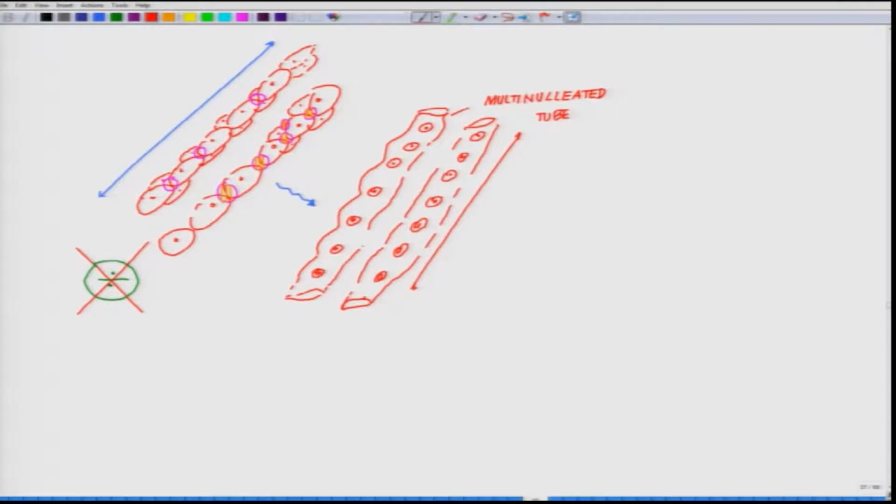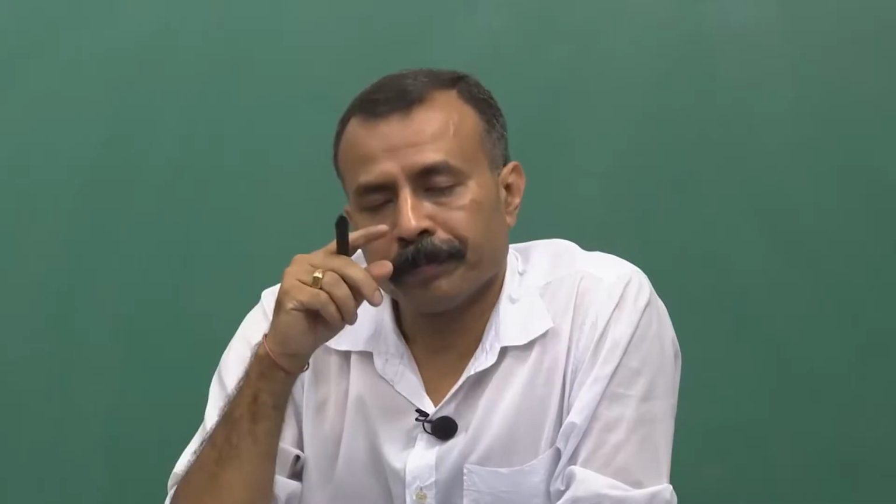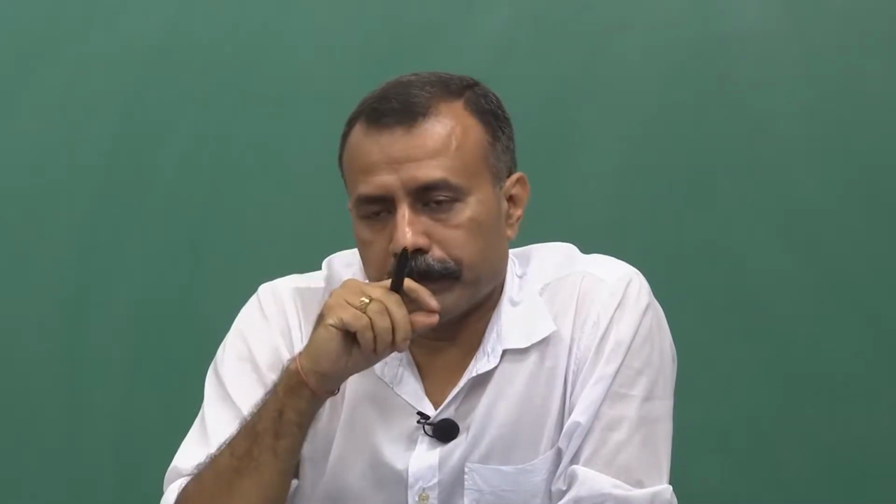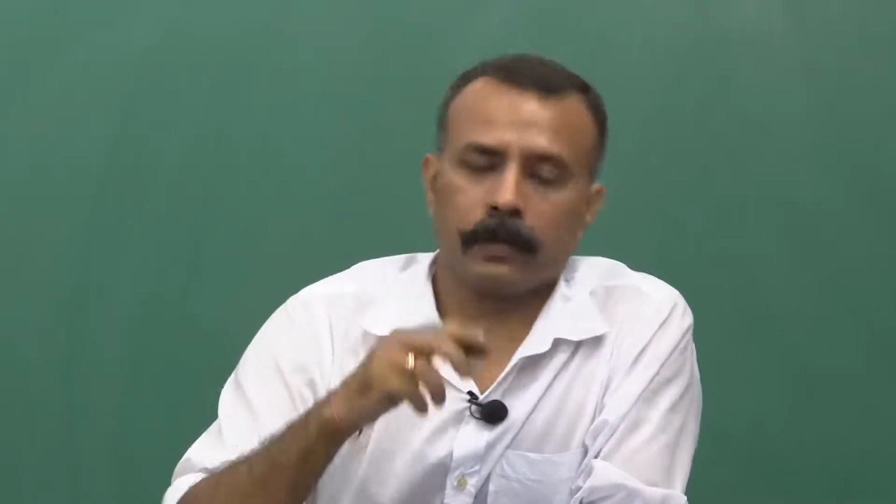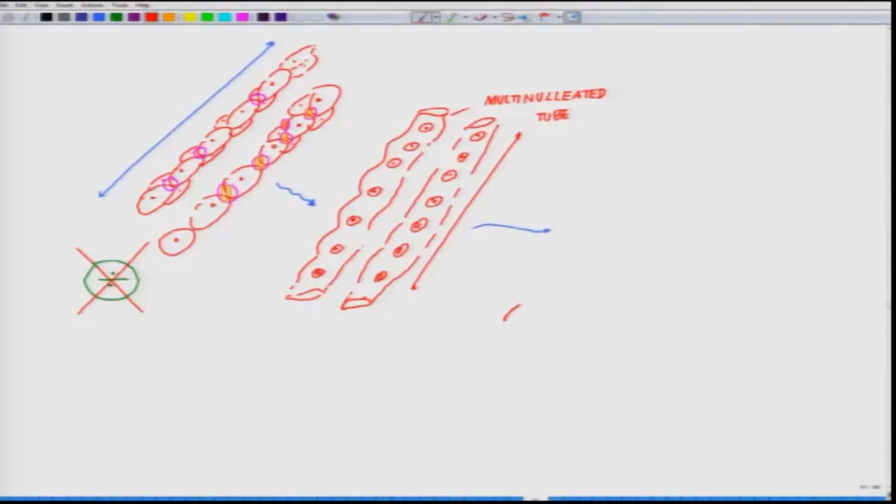Okay. Next thing is another interesting thing which happens. Once these tubes are formed, these tubes come close to each other, exactly what happens in the formation of the thread. They form a supercoiling. So, now I am just showing the individual tubes in one line.